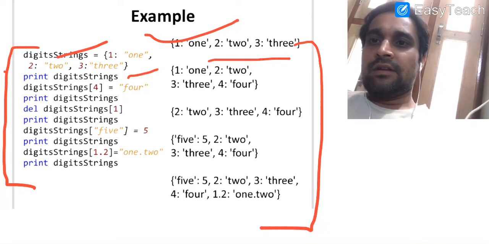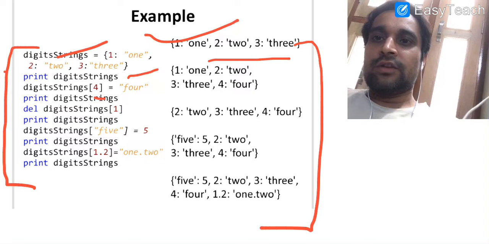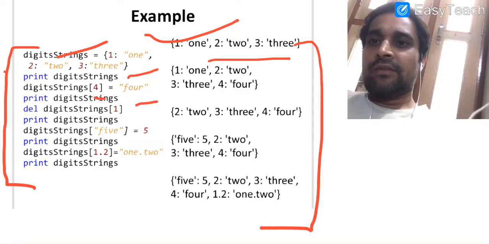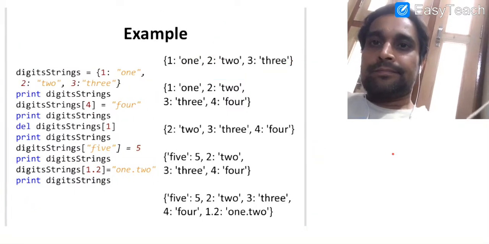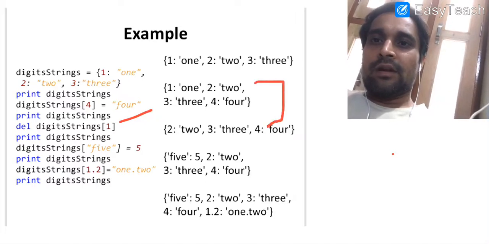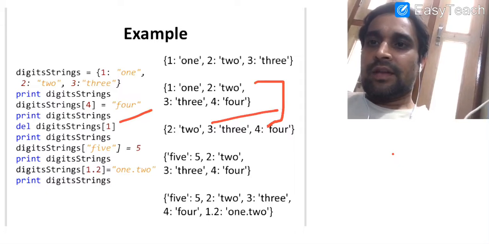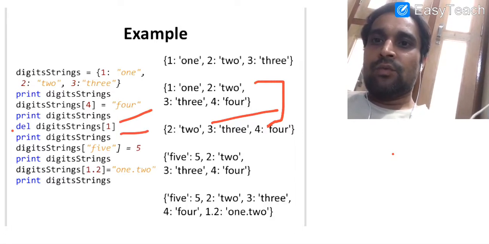Next we have written digit strings with index 4, or sorry, you can say key 4 instead of the index here, and we want to save the value 4, and thereafter we are again printing digit strings. So we are getting our dictionary with 4 elements now, or 4 items now. Then we have written the del statement to delete a particular element, del digit strings with key value 1.